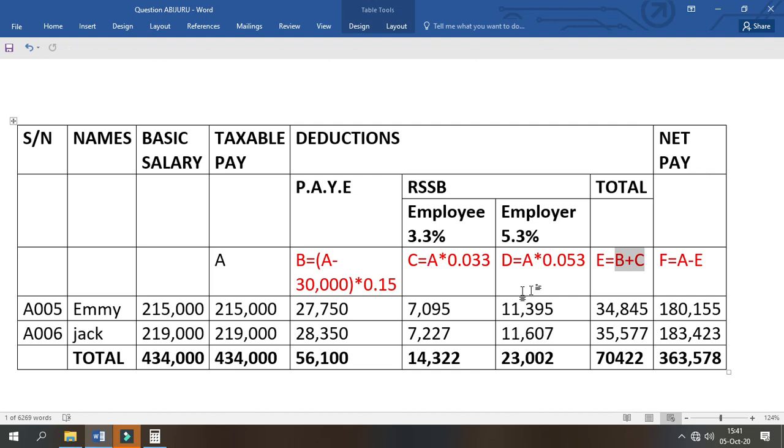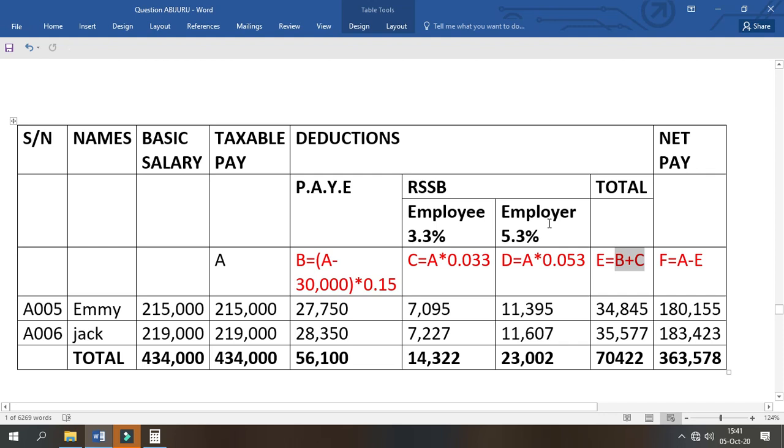This means we take the pay as you earn plus the employee contribution to the Rwanda Social Security Board, and we get the total deductions.